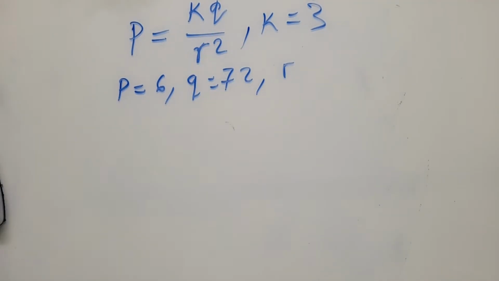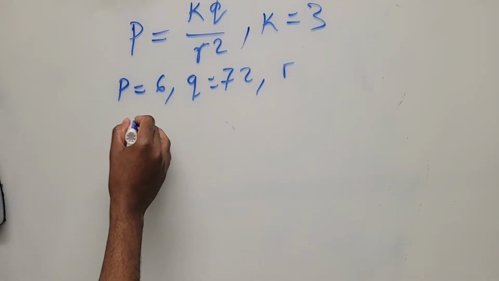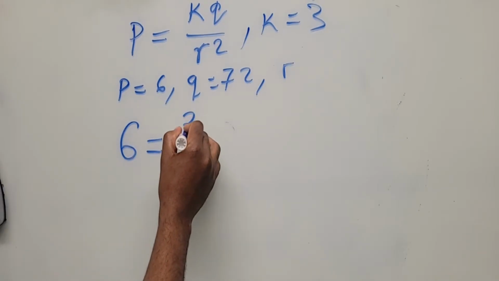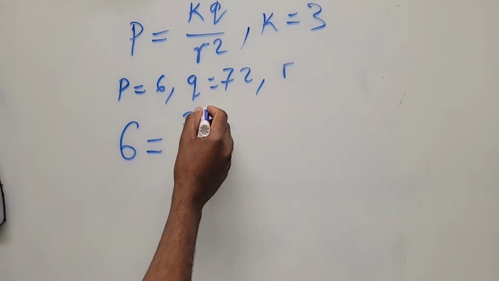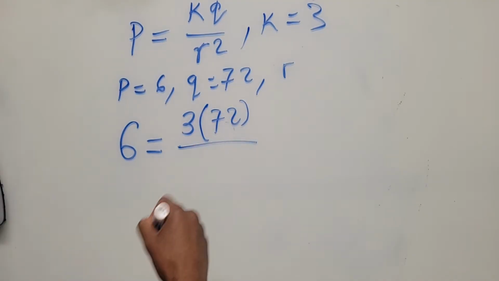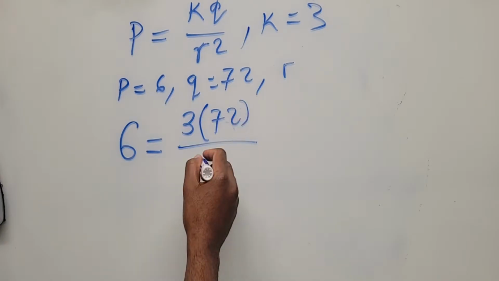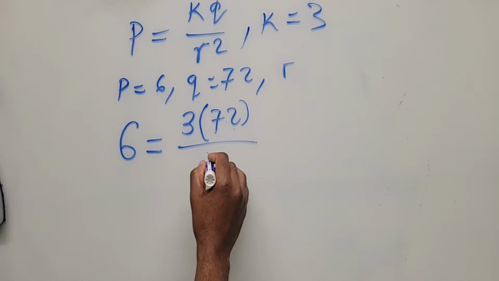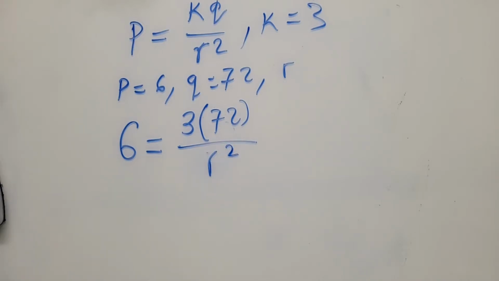Okay, so in this case we just substitute again, right? So P is 6, which I write here. Then the constant of variation is 3 and Q is 72, right? Meaning that the R here, which is the B that we're looking for, I'll just write R squared actually. R squared that we're looking for, which is the value of B, of course.